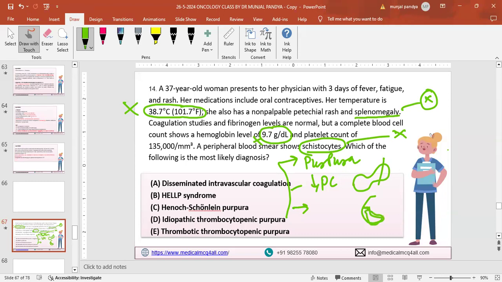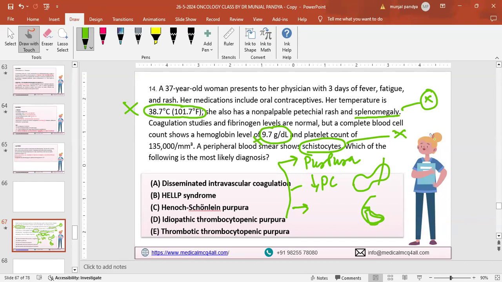Broken RBC is a schistocyte. Because of a drug, there can be schistocytes. Because of infection, there are schistocytes. Because of a prosthetic valve, there are schistocytes. Because of DIC, there are schistocytes. Schistocyte is basically a broken RBC. Simple. Okay. So now would your diagnosis be the same, or do you want to change it?